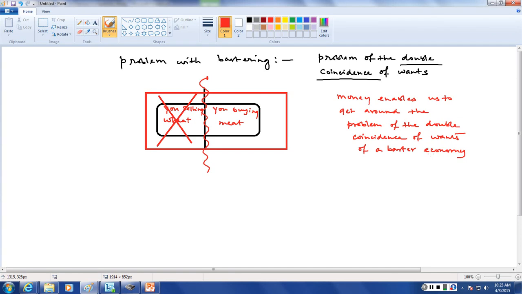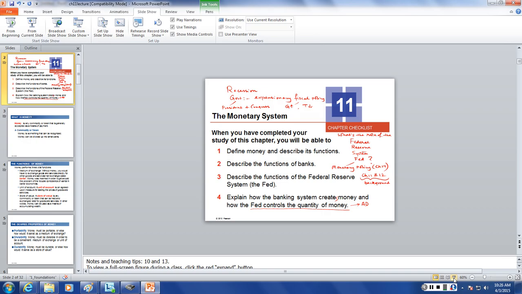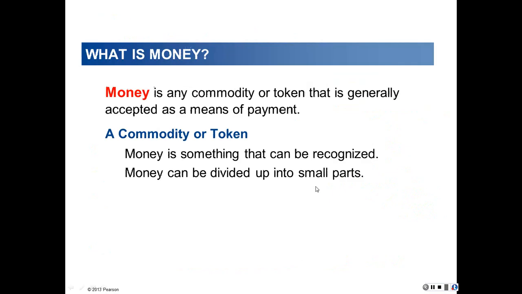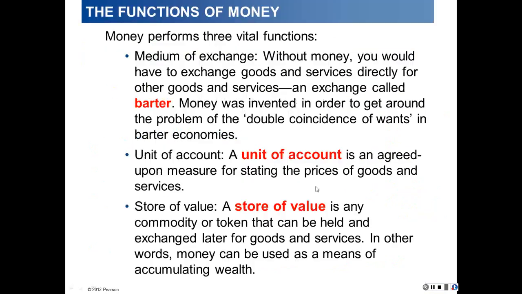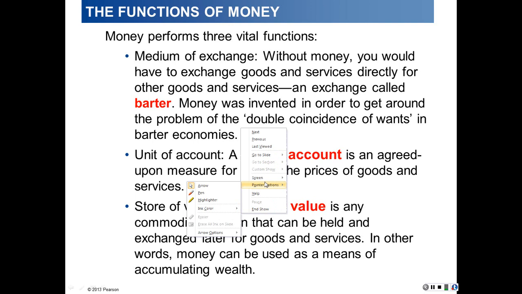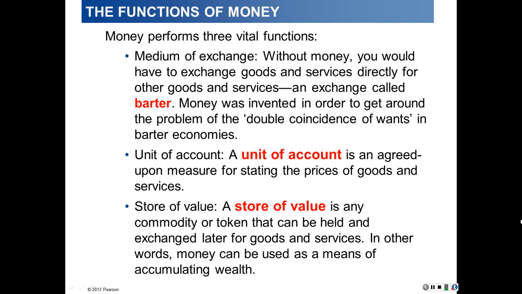So what then are the main functions of money? Here are the three vital functions of money. And the first one is what we have just been talking about, money as a medium of exchange.